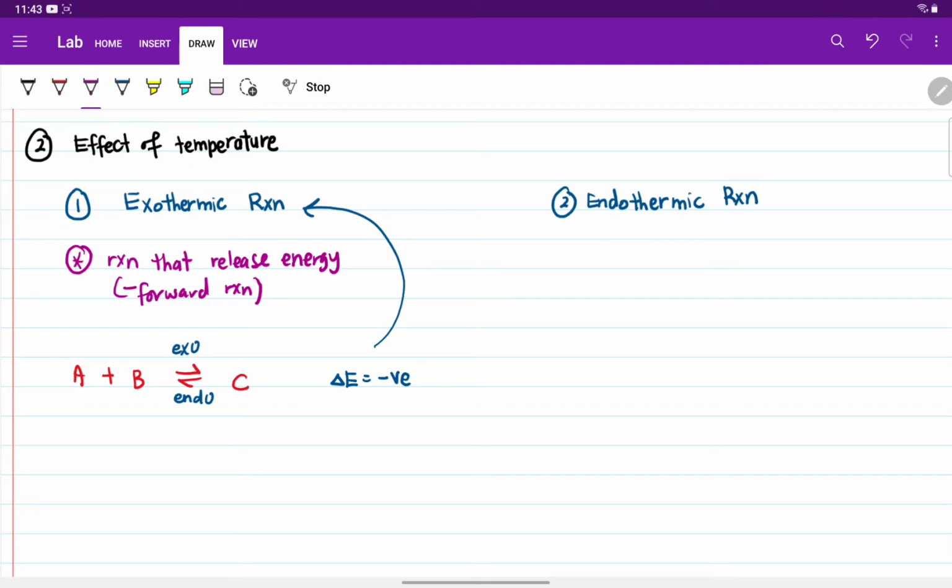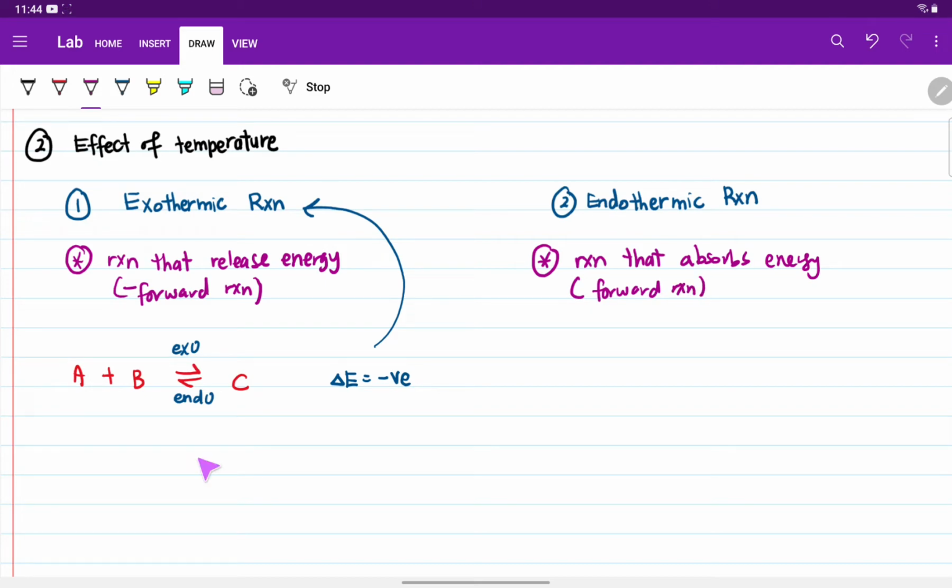Okay, so yang tu adalah exothermic reaction. So now, kita tengok pula what is endothermic reaction. Endothermic reaction adalah reaction that absorbs energy. Jadi yang absorb energy ni berlaku kepada dia punya forward reaction.